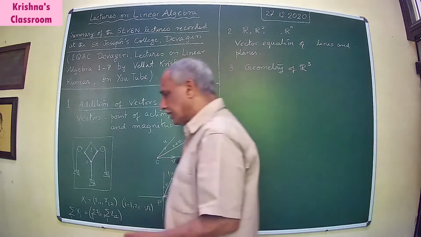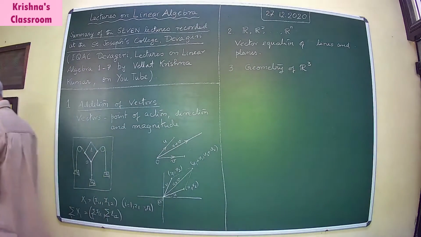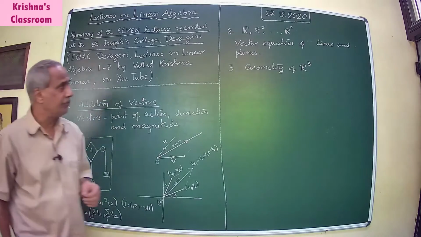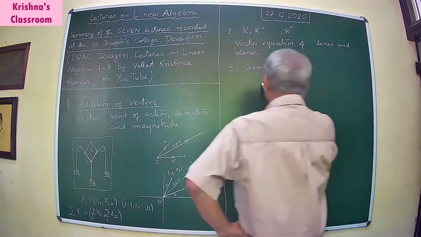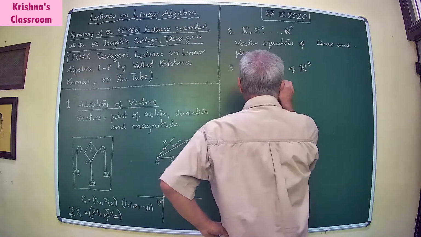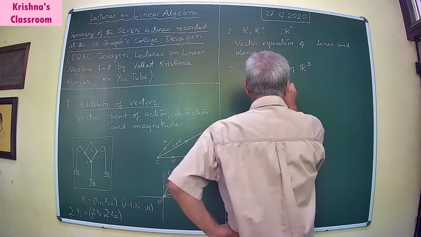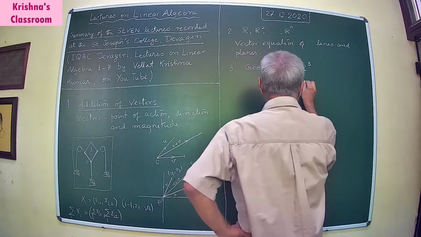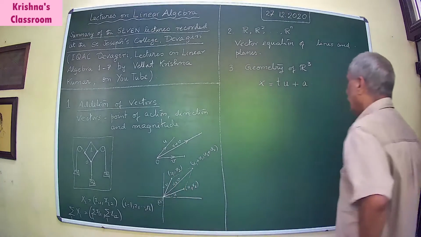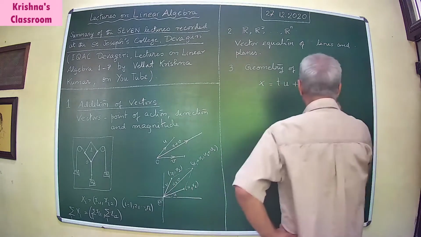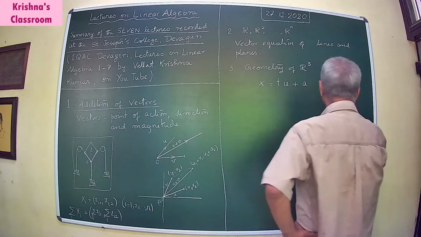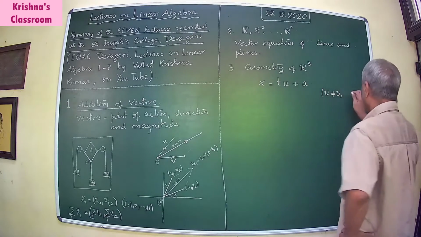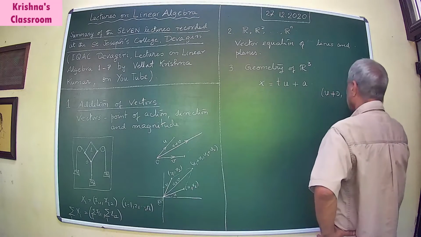Specifically, you observe that the equation of the line is of the form x equal to tu plus a, where u is a given non-zero vector and a is a fixed vector.